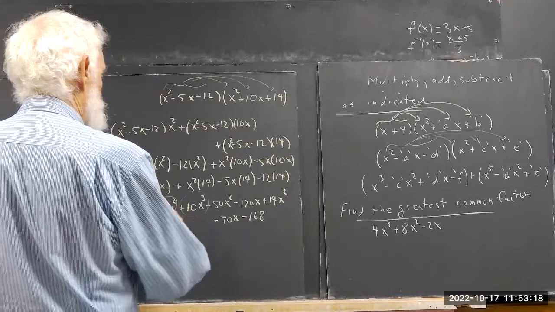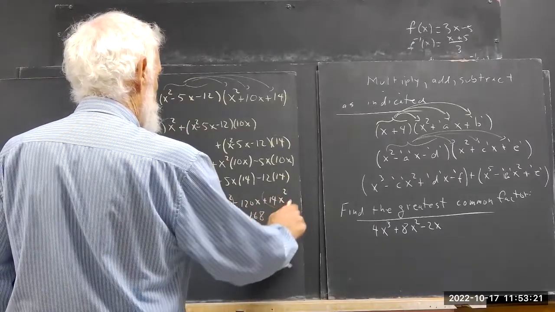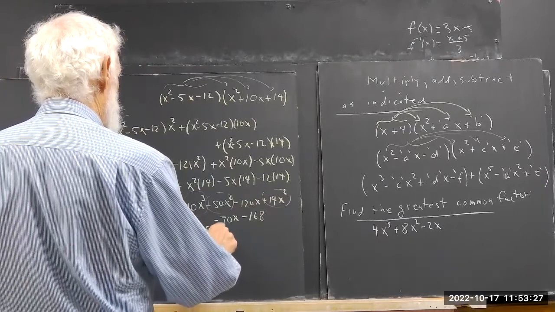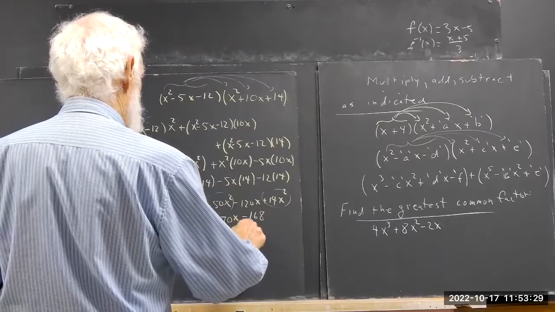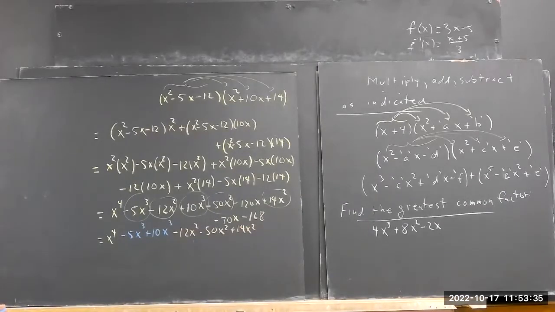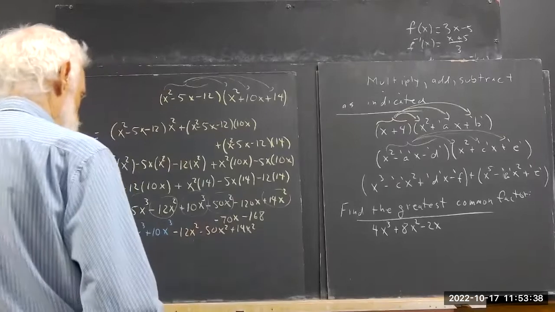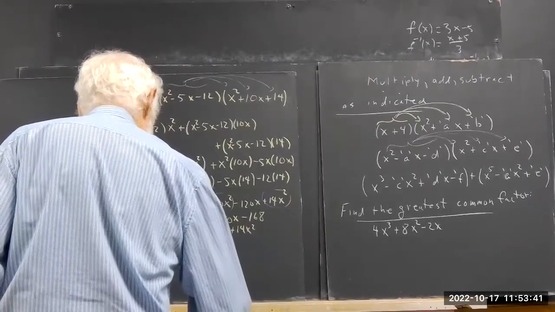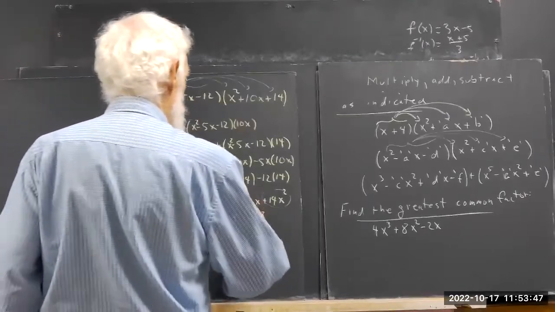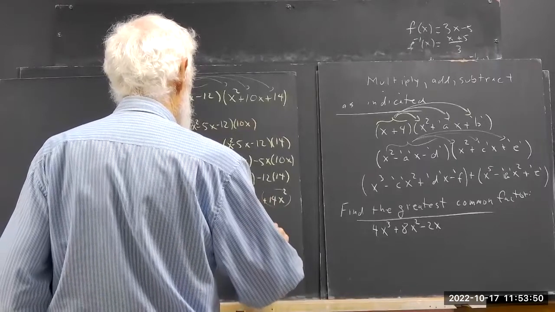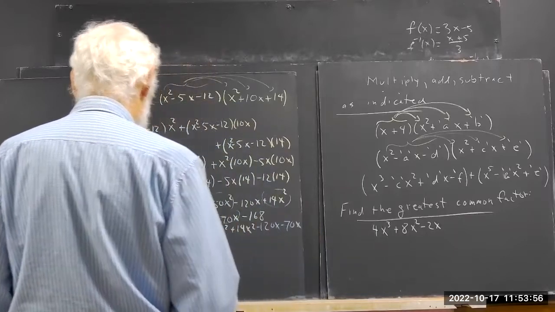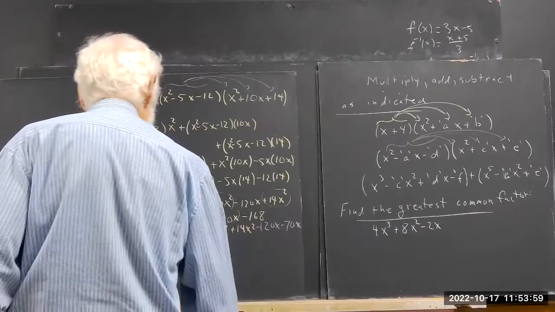We've got negative 12x squared and negative 50x squared and 14x squared. So that's this. And then we've got x terms. We've got negative 120x, negative 70x. And then at the end, we have our minus 168.